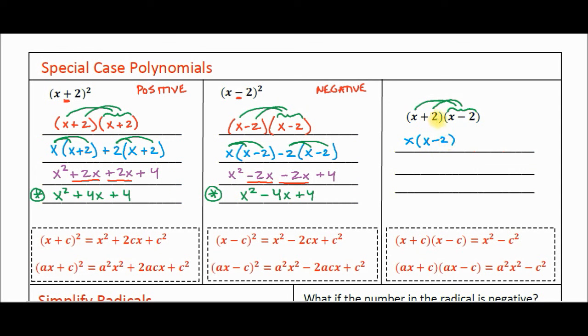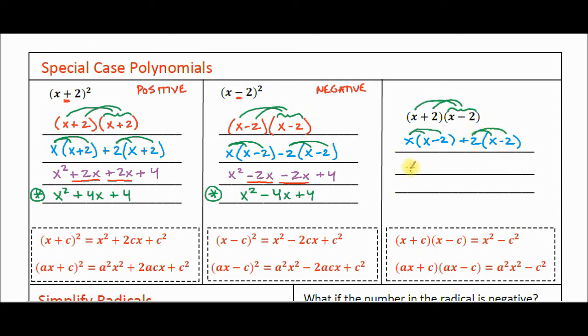And now we have +2 times the second binomial x minus 2. Alright, let's go ahead and distribute. Monomial to first term, monomial to second term, monomial to first term, monomial to second term.